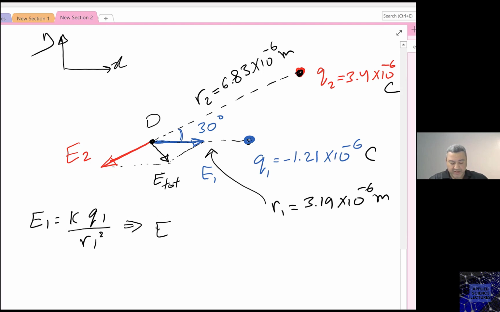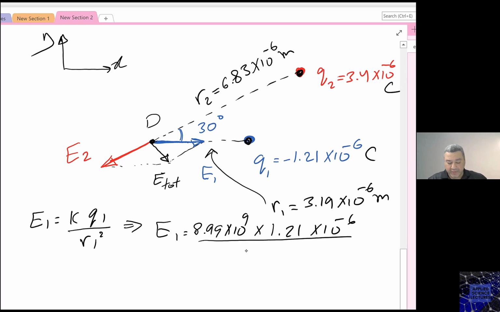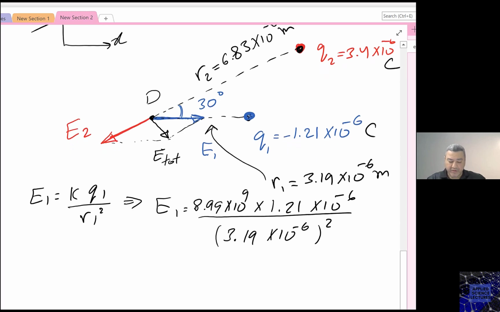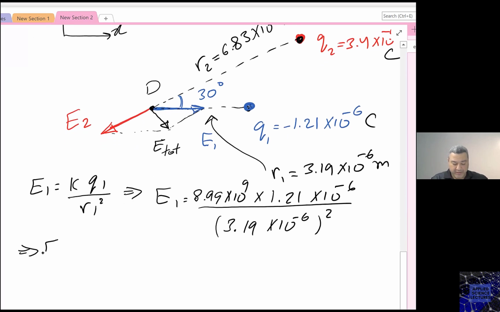And in this case, E1 is 8.99 10 to the power 9 times 1.21 10 to the power minus 6 divided by R1, which is 3.19 10 to the power minus 6 squared, and then E1 is 1.07 10 to the power 15 Newton per Coulomb.